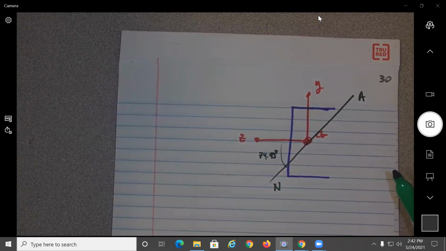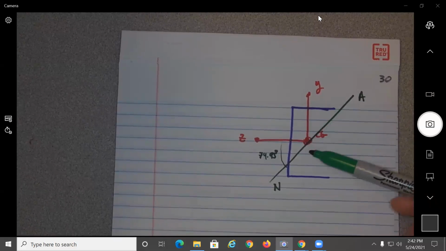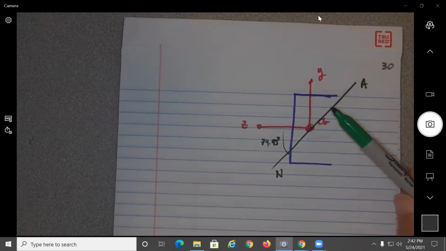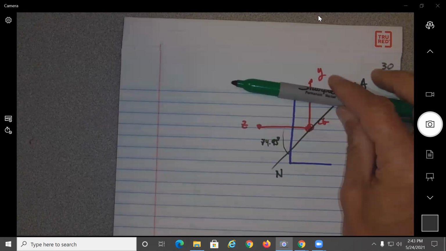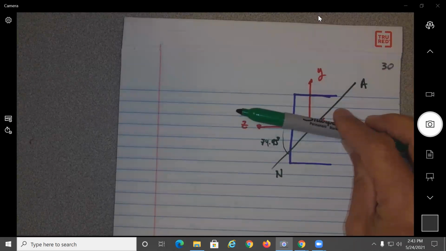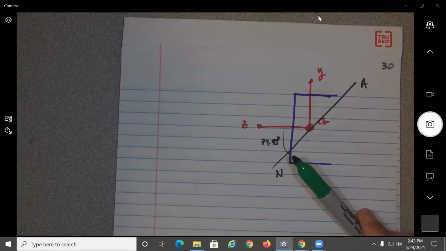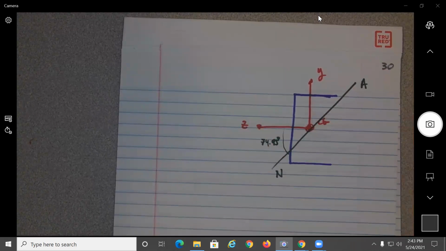So again, what does that mean? If you apply those moments to this cross section, even if you apply them at the CG, how is this going to bend? Is it going to bend just straight down, just in the y direction, or is it going to bend and kind of twist? It's going to bend and kind of twist, no?